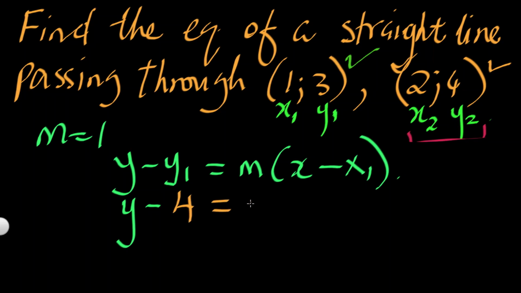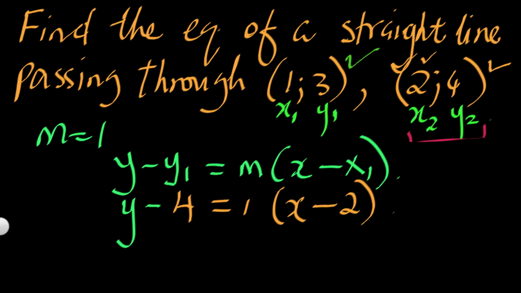And my m, we know our m is 1. So I'll write 1 for m. I put an x. And then my x1, I'm using point number 2, so I'm going to take 2 as my x1. So minus 2. I substituted into this.